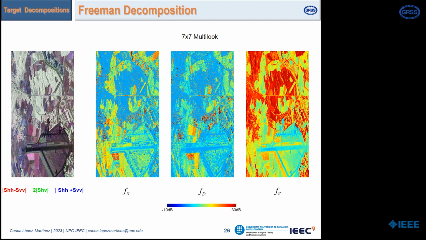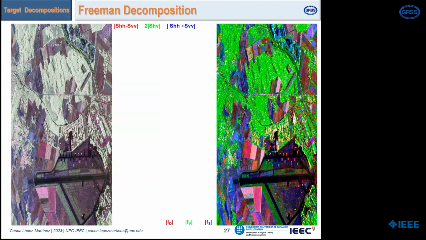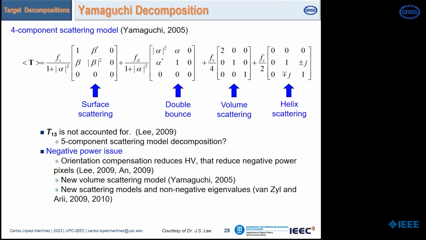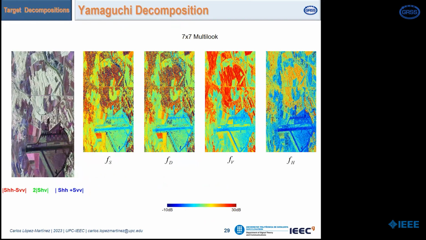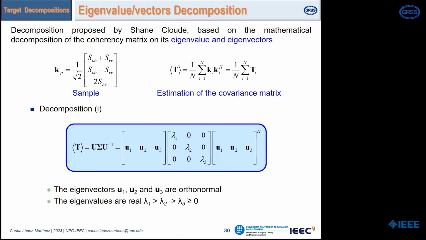This is a way to interpret the decomposition. I can decompose between the double bounces, the volume, and the surface, so you can see pretty clearly where you have volume. And just allow me to finish: we will go into the details in the practical exercises, of perhaps also one of the most important decompositions, which is the eigenvalue eigenvector decomposition.